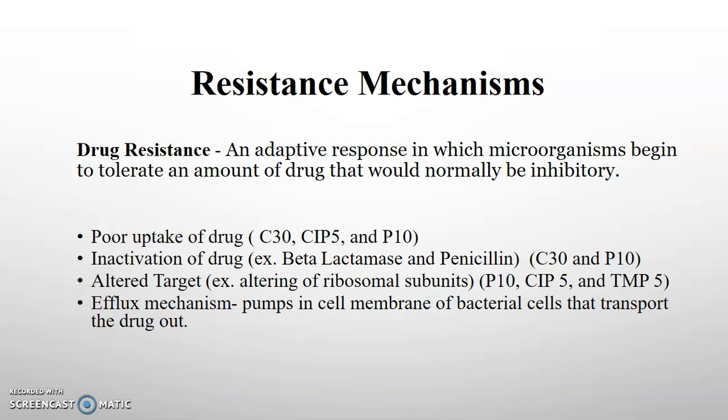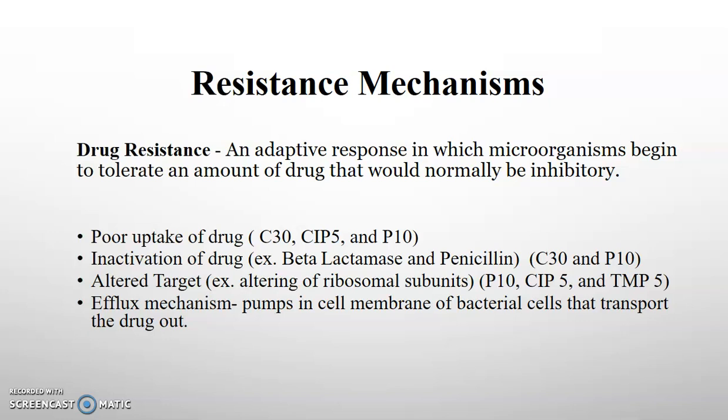So the cell simply just doesn't absorb the medication. Three of the 4 medications that we're going to be working with for our Kirby Bauer are known to have poor uptake with certain strains of bacteria. That's C30, CIP5, and then P10.